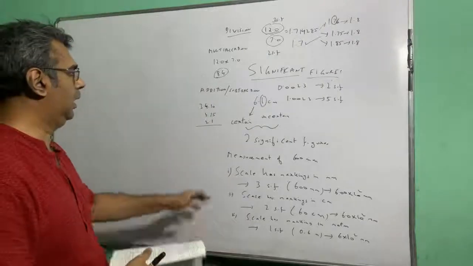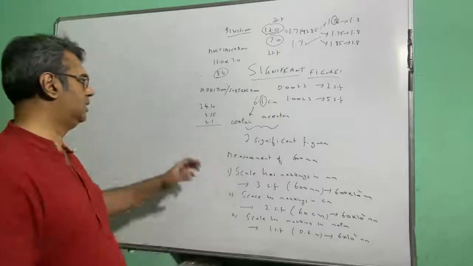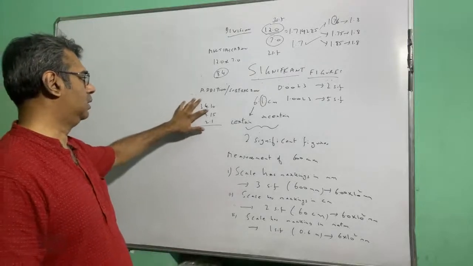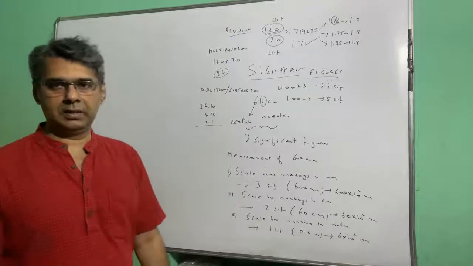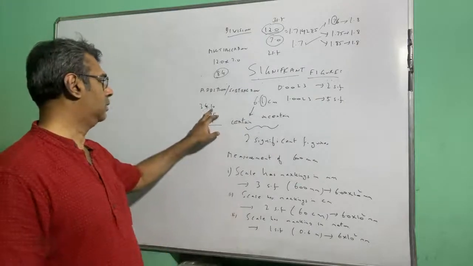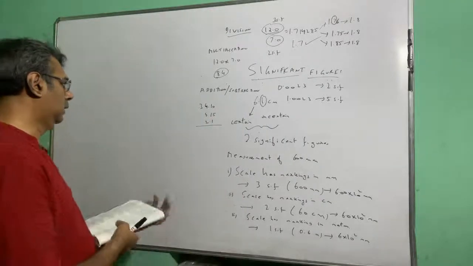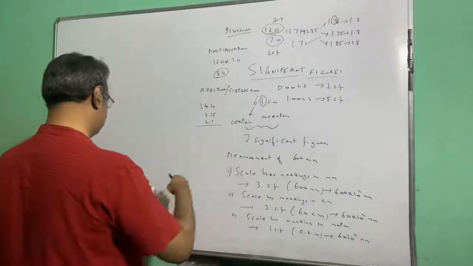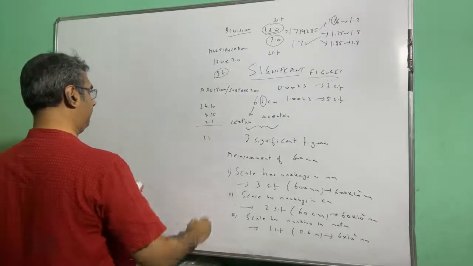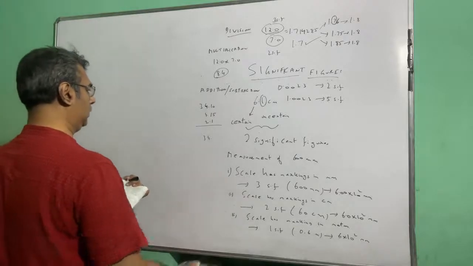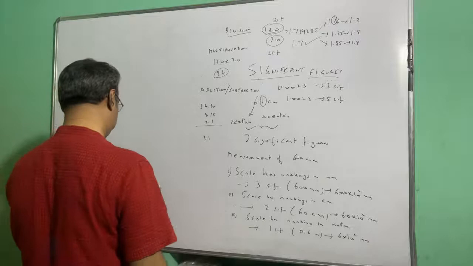Suppose you want to do addition or subtraction, any one, the rule is same for both. Let's take addition. So you want to add 34.10, 4.15 and 2.1. Suppose you want to add these three. So what you'll have to do is, 34.10 has 2 digits after the decimal, this has 2 and this last one has 1.